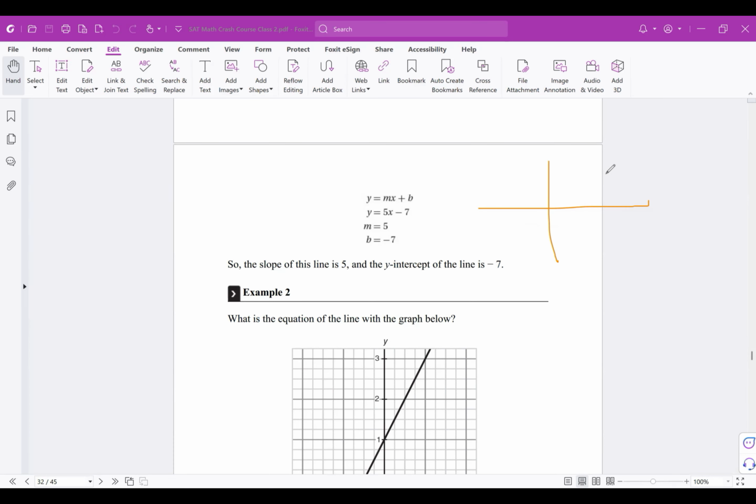The straight line is like this because b equals -7. Here the value of b is negative, and in this direction the value of b is positive. We write it like this: b equals positive and b equals negative.